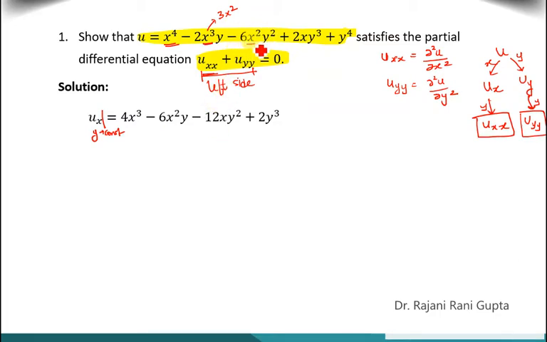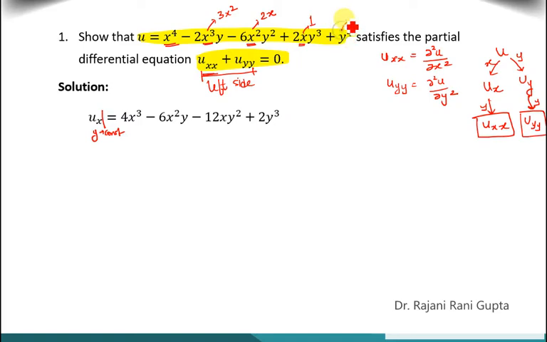Minus, again here we are differentiating only the x term. Its derivative is 2x, so 6 times 2 gives you 12x, and y square, as a constant, is kept the same. Here we differentiate x, and the derivative of x becomes 1, so you get 2y power 3.